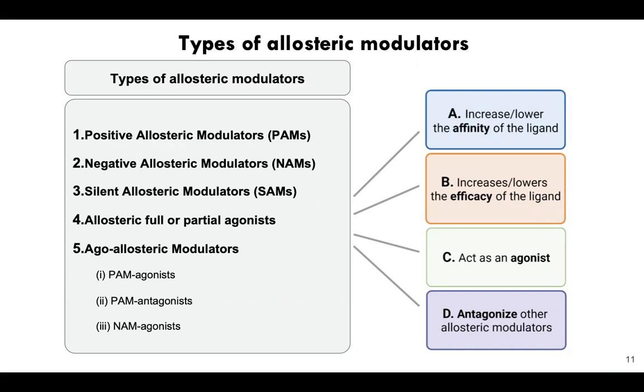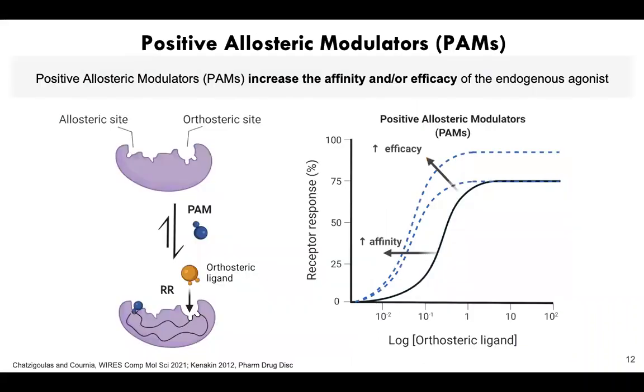Allosteric full or partial agonists. And then we have the Ago-allosteric modulators, which can also be PAM agonists, PAM antagonists, and NAM agonists. I know it sounds very confusing. I was also very confused when I was reading this, but I hope I can give you some feedback on that. So here again, we will play with the affinity and efficacy of the orthosteric ligand, agonism and antagonism.